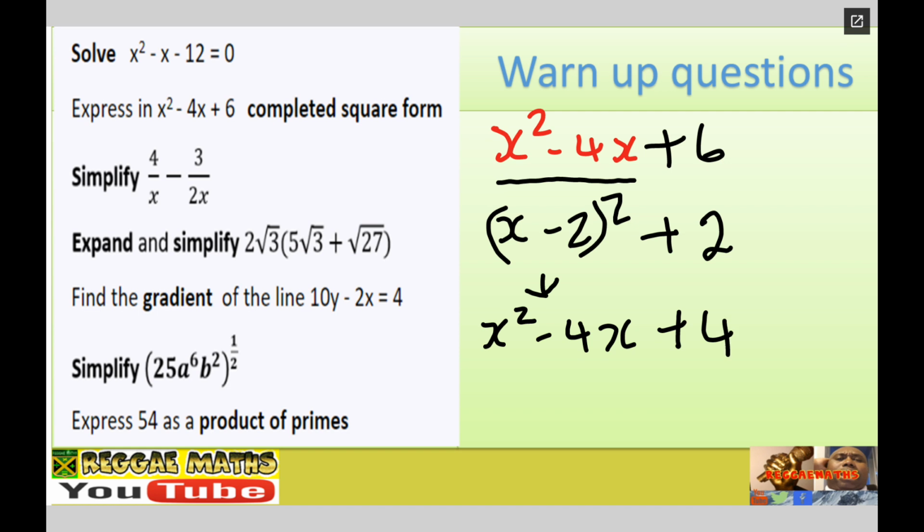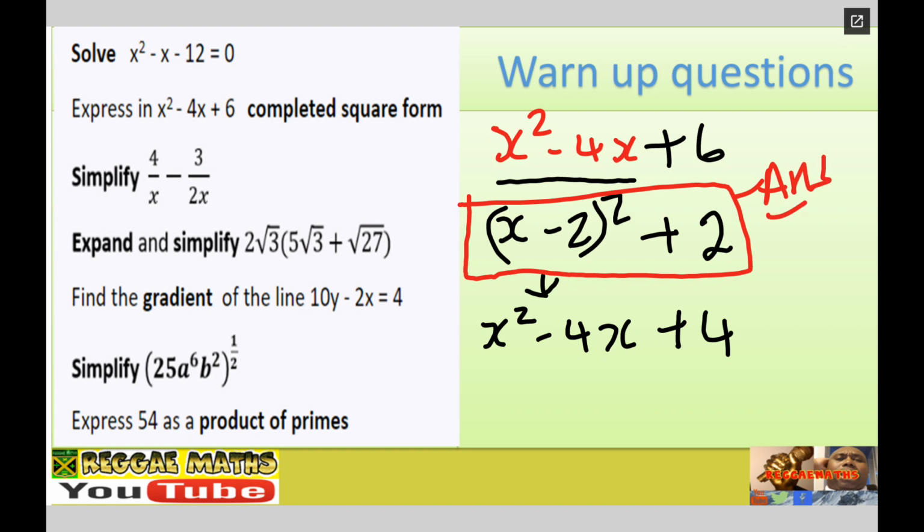But for completing the square, I need to get 6, so I need to add an extra 2. So the answer here is that, that's my answer.